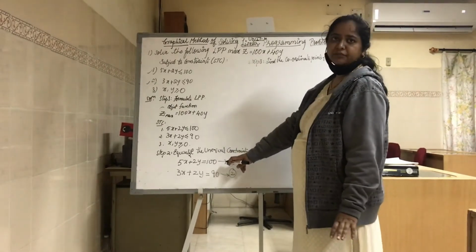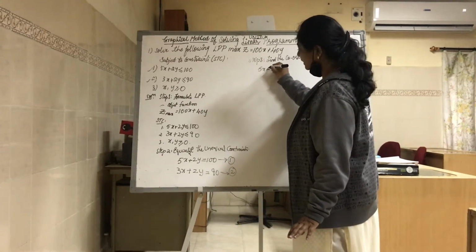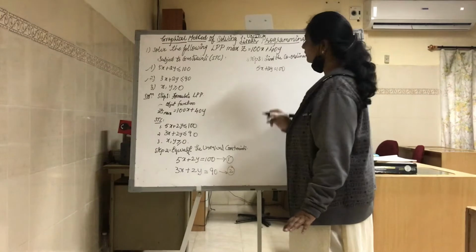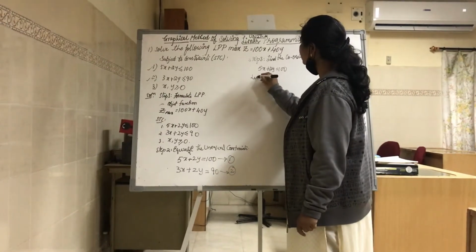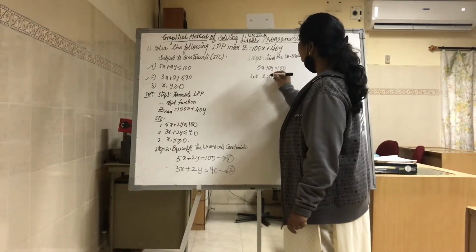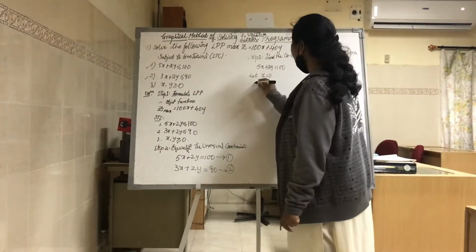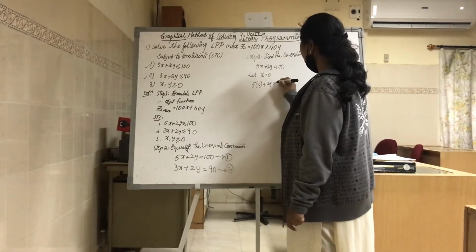First we will take the first equation, that is 5x plus 2y should be equal to 100. Now first let x is equal to 0. So it is 5 into 0 plus 2y equal to 100.